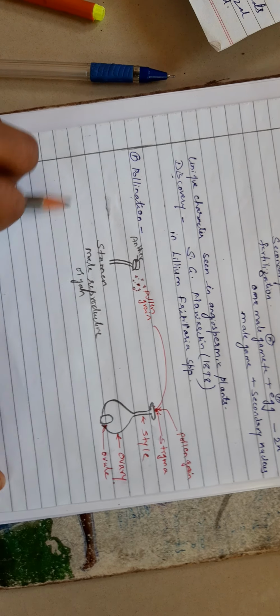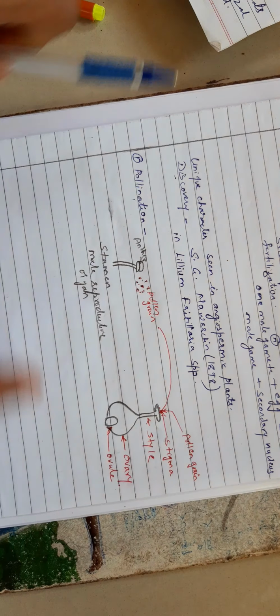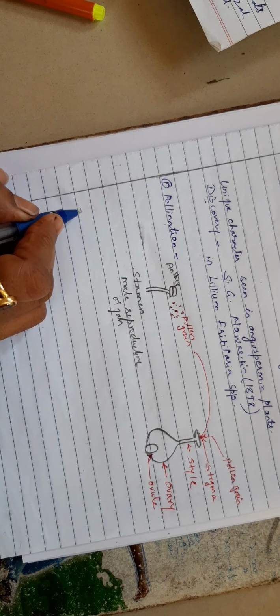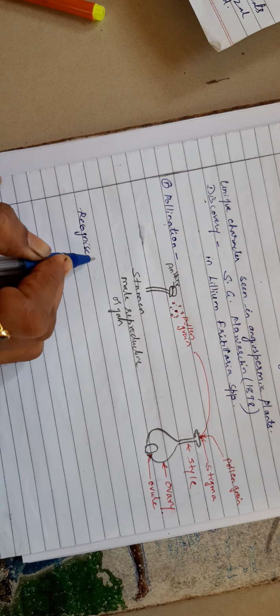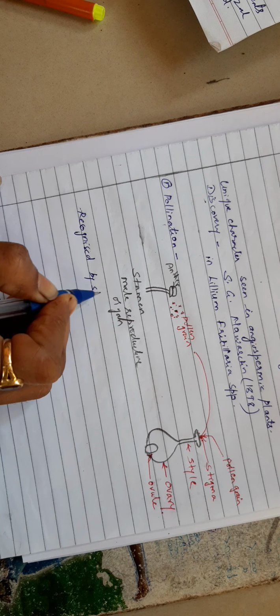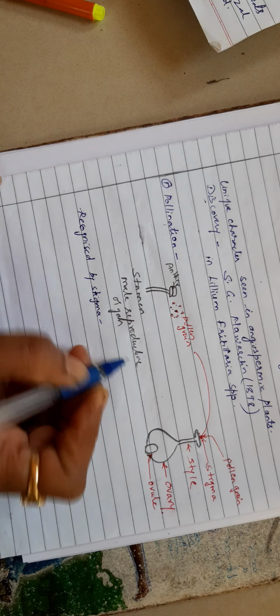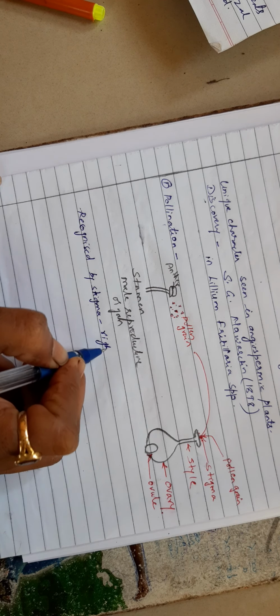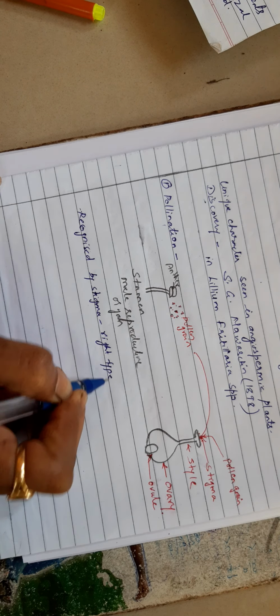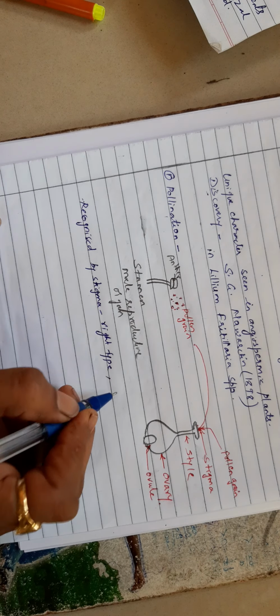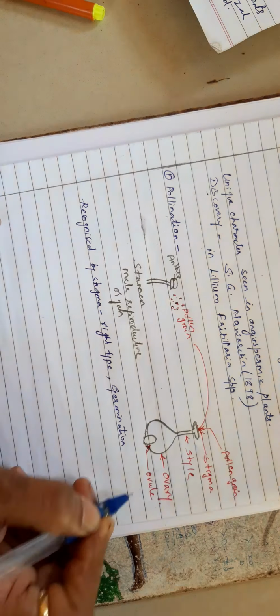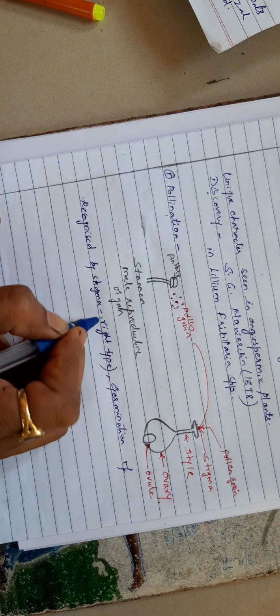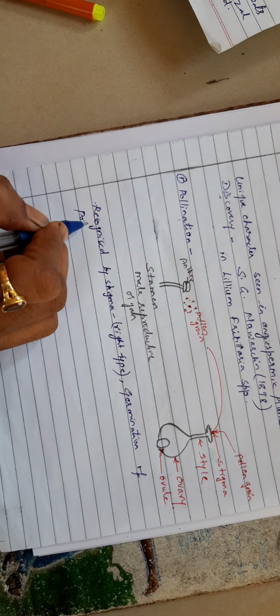Now when the pollen grain sits on the stigma, it is recognized by the stigma whether it is of the right type, and if it is of the right type, then after recognition its germination takes place.